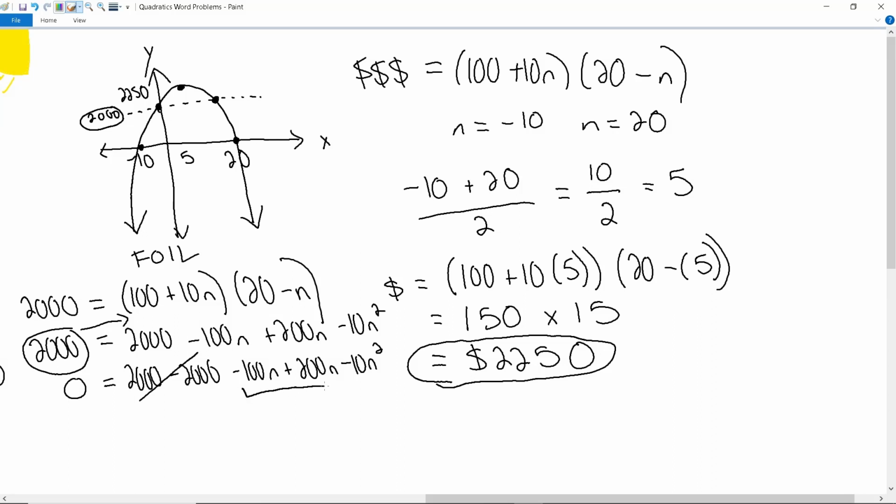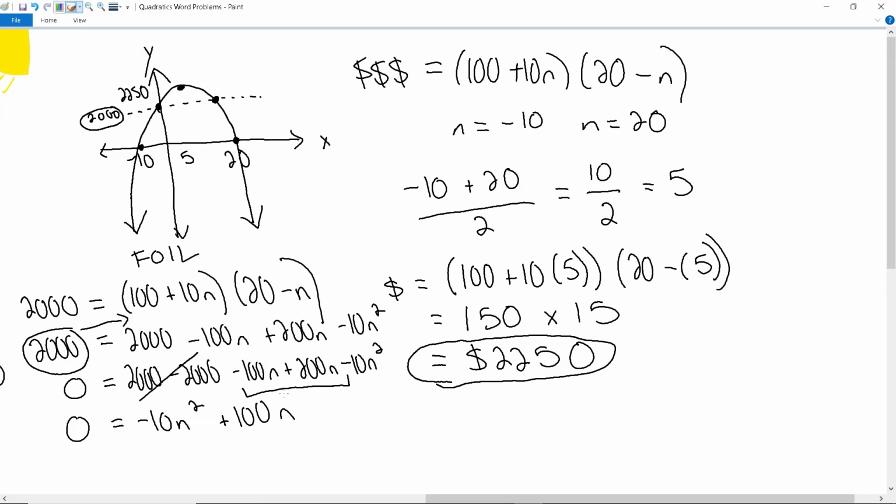And here we can collect like terms. So we can simplify this even more. And I'm just going to put the -10n squared at the front, because that's what we usually do with quadratics. We'll put the term that is to the second degree at the front. So -100 plus 200 is plus 100n.